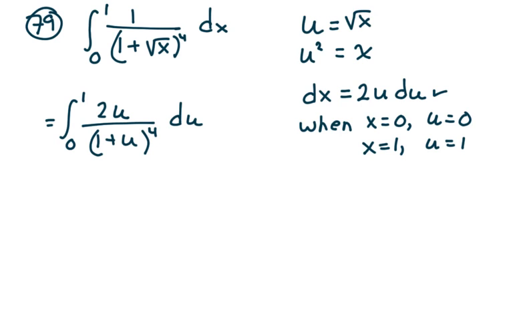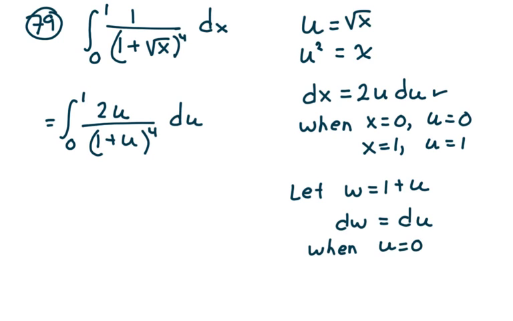Now, I'm going to do another substitution. So what I'm going to do is I'm going to let w equal 1 plus u. dw is du. So when u is 0, w is 1. When u is 1, w is 2.